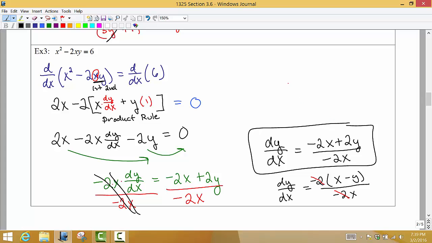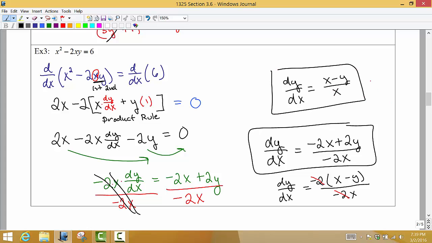So if you wanted to reduce this, I'll write my final answer right up here. This would be x minus y divided by x. So those negative 2's can cancel. So this should be fine. This really is okay too. But if you want to reduce your fraction, factor first, cancel out common factors.